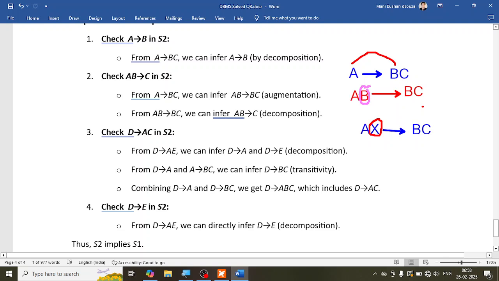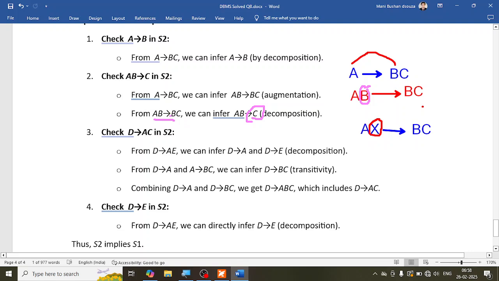Without this also A can derive BC. But if you put that, it's not going to make any change in the relationship. It's going to derive the same thing. But with this, I'm going to play a trick now. Because you said that AB can derive BC, I can say that now AB can derive C.